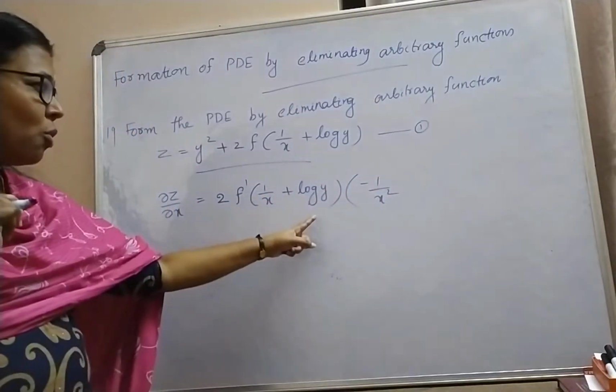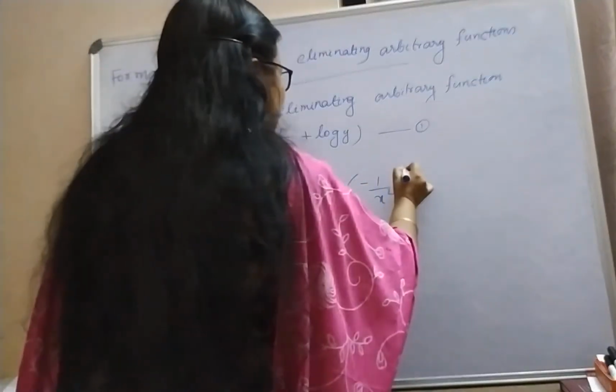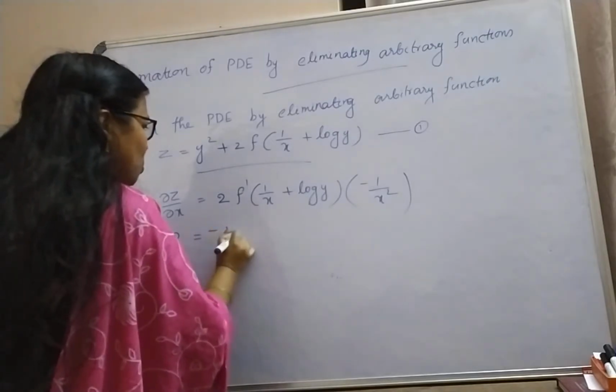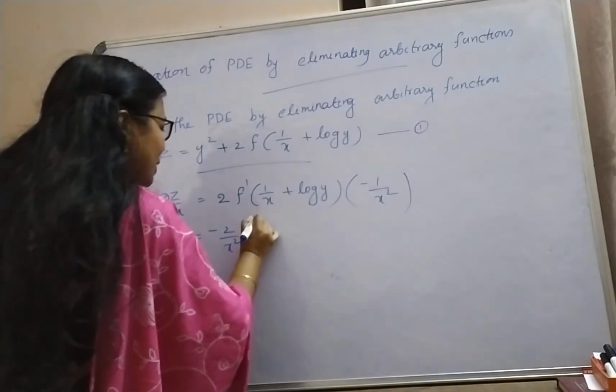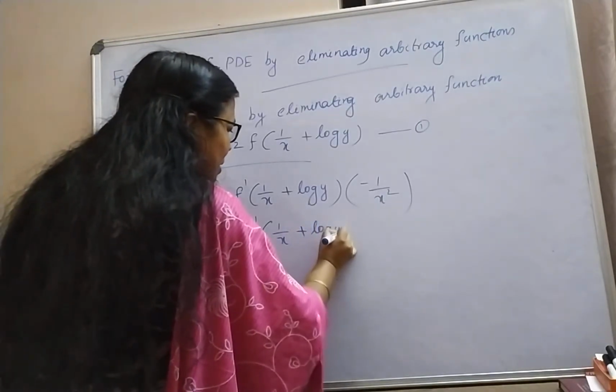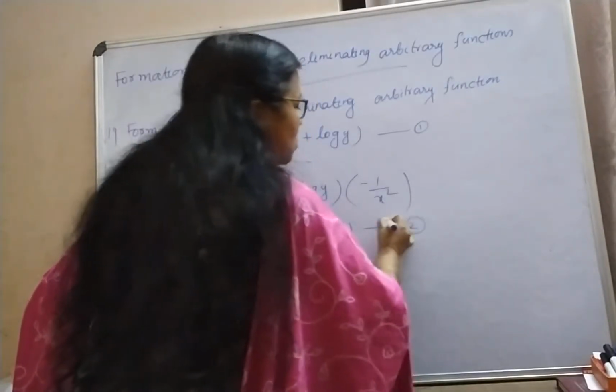Partial derivative of log y with respect to x is 0. That is, p equal to minus 2 by x square f dash 1 by x plus log y. Put it as equation number 2.